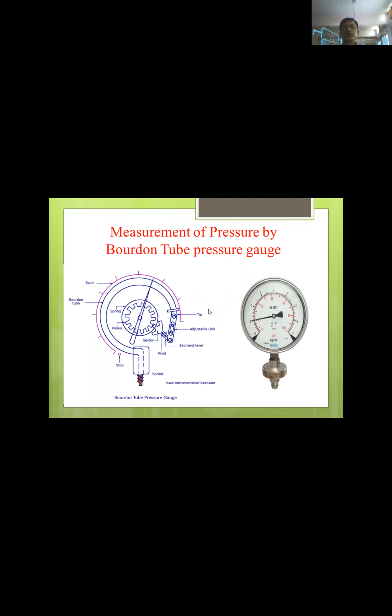So here in the diagram you can see the Bourdon tube pressure gauge. On the left side you can see the inner working mechanism of this Bourdon tube pressure gauge. It has been shown here, and this is the external view of that gauge.